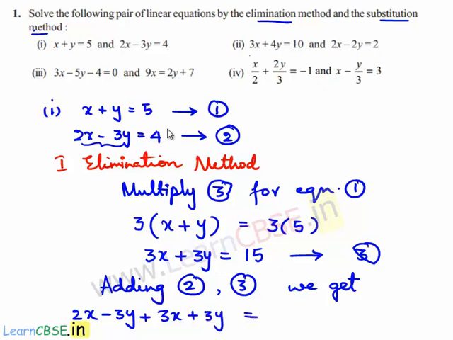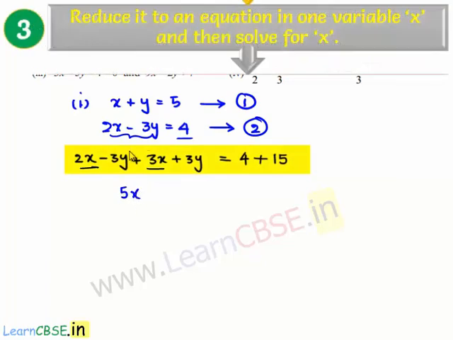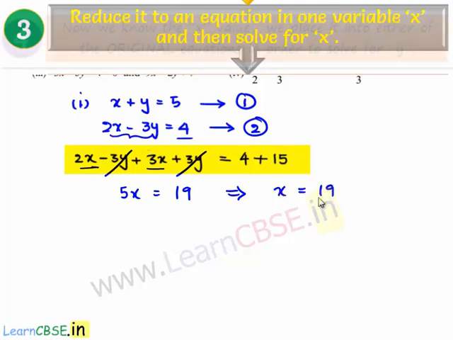On the RHS for equation 2 we have 4, and on the right hand side for equation 3 we have 15. So this becomes 4 plus 15. 2x plus 3x becomes 5x, and minus 3y plus 3y gets cancelled. So on the RHS we have 4 plus 15, which is nothing but 19. This implies x is equal to 19 by 5.